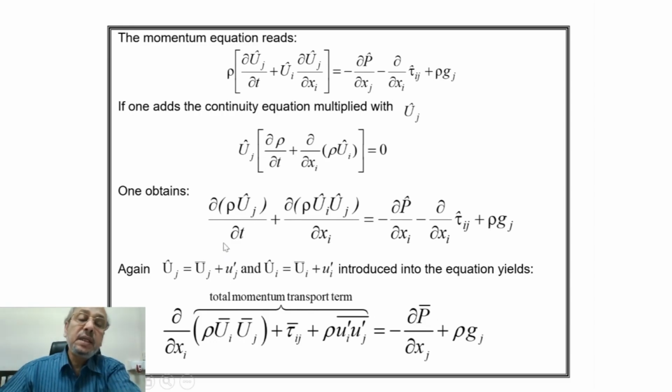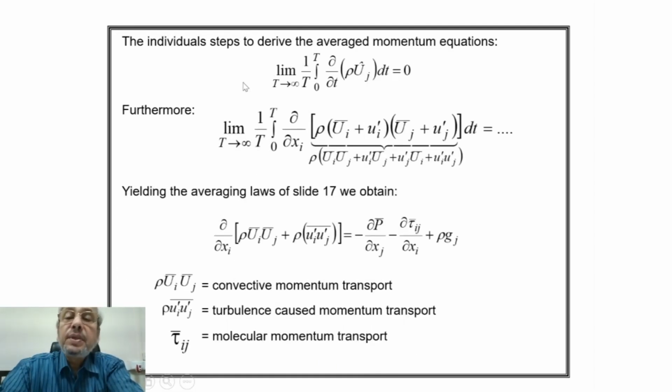So basically we write the conservative form, then we substitute the instantaneous quantities as mean and fluctuations, and apply the overbar. This results in the individual steps to derive the average momentum equations.